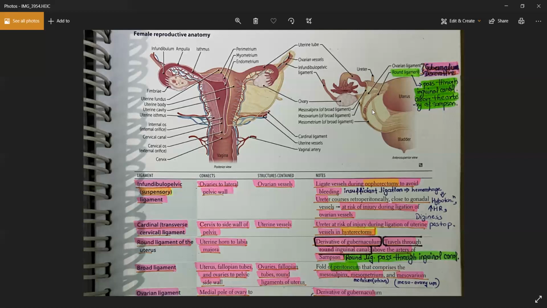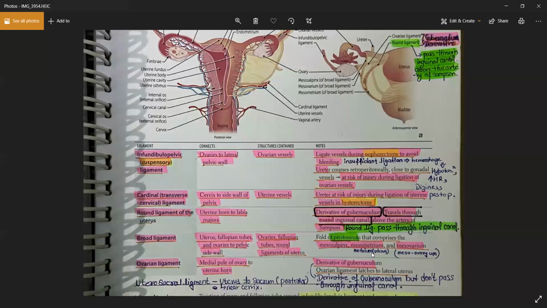Although this structure is a derivative of the gubernaculum, it still does not pass through the inguinal canal. The only gubernaculum derivative that passes through the inguinal canal is the round ligament.